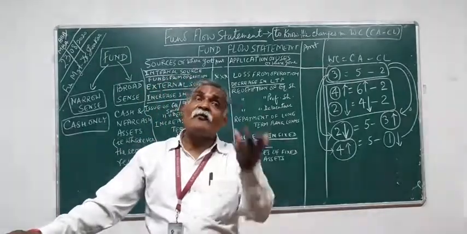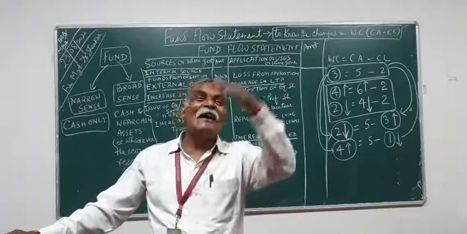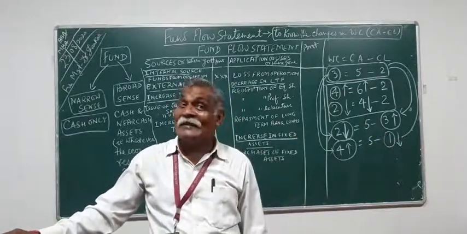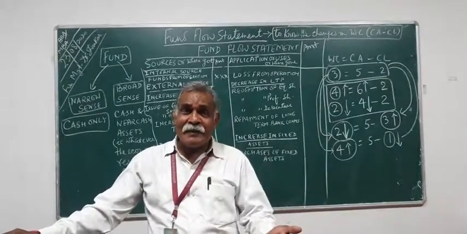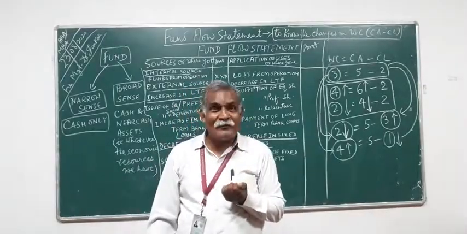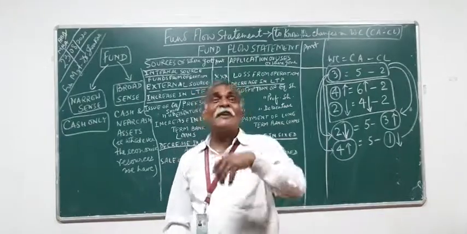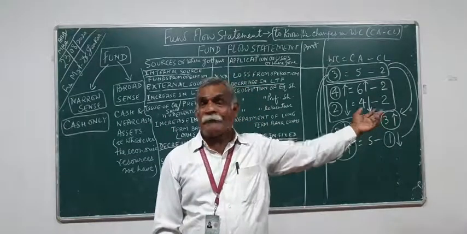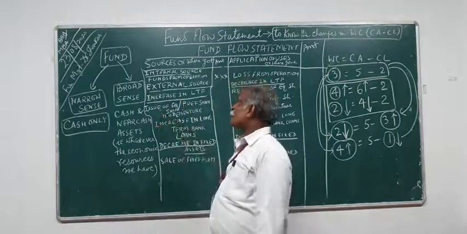But when the funds from operation is negative, then it will be on the reverse side, that is on the application side. Obviously, if it is positive, it will be your source, which you can use. But if it is negative, obviously you have to write it on the application side.